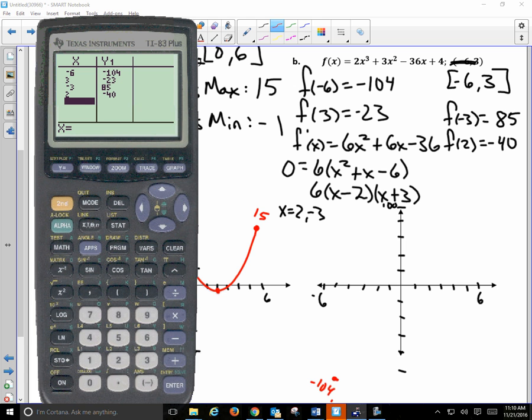F of -3 is 85. Two is -40. Then f of 3 is -23.